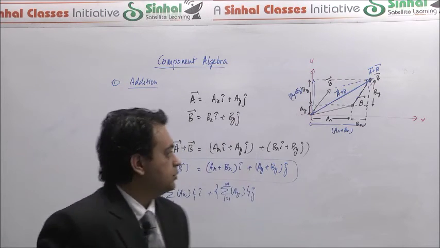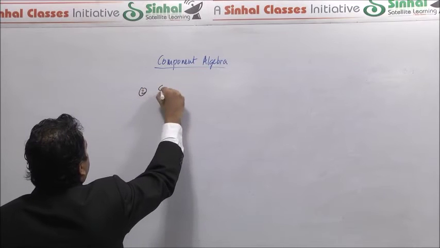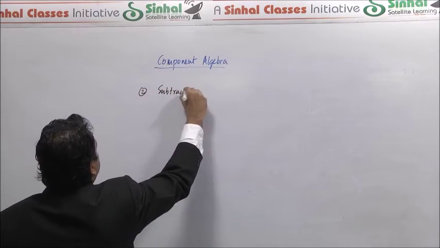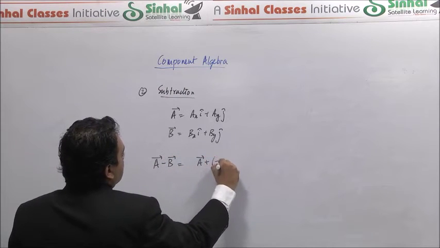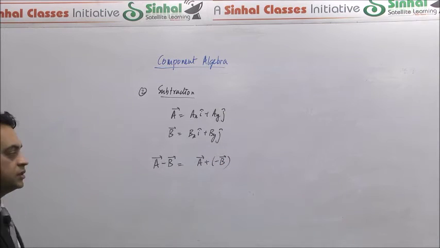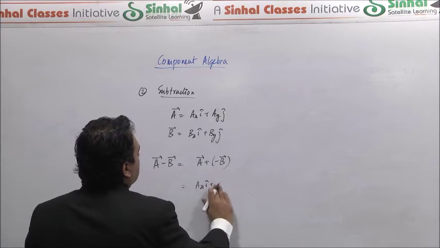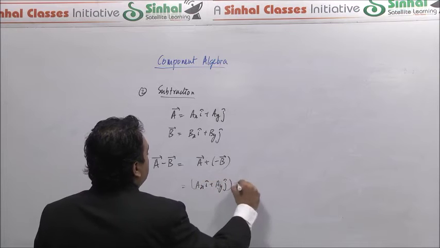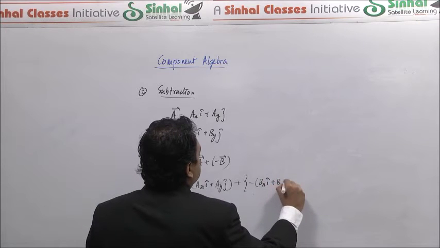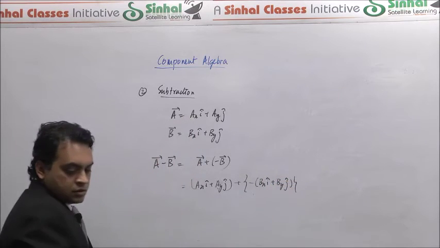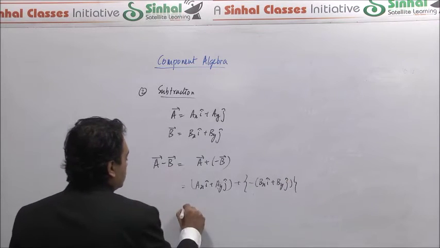Right. Now, if it comes to subtraction of two vectors, we just find A minus B, for example. It could be expressed as A plus the opposite of vector B, minus B. So we can express this as Ax i cap plus Ay j cap plus the negative of B's components.